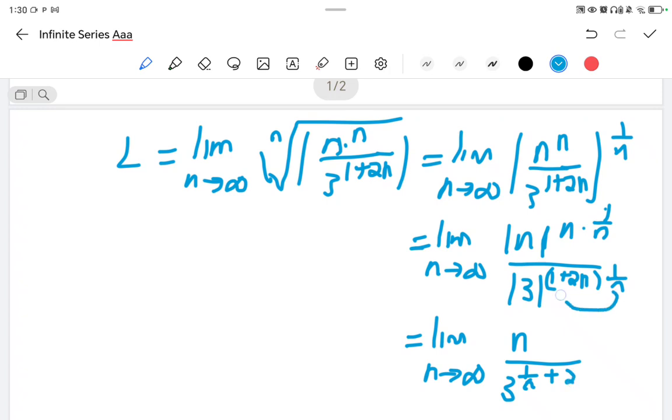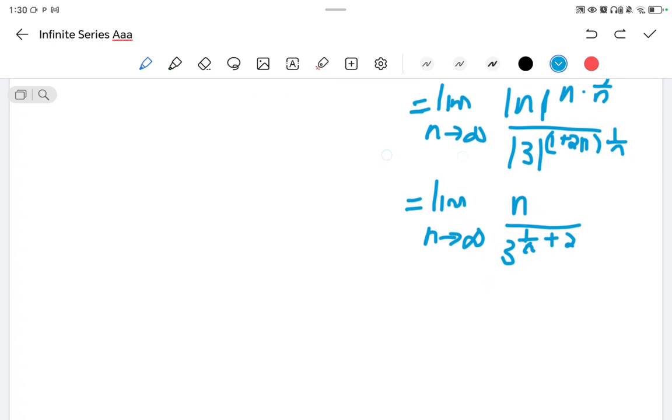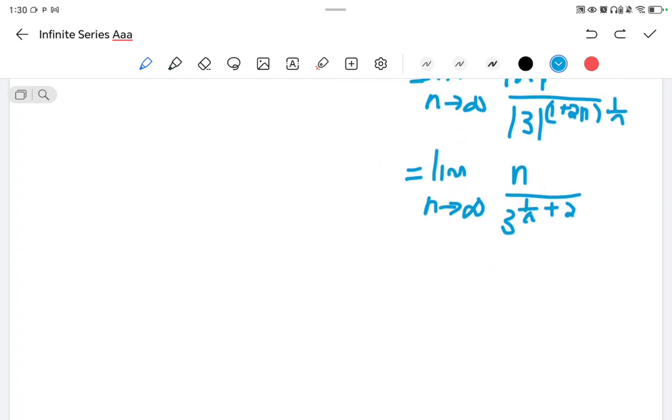If I apply the limit on the denominator, I'll get 3 to the 2. And the numerator is infinity, and this is greater than 1. We always consider infinity to be greater than 1.